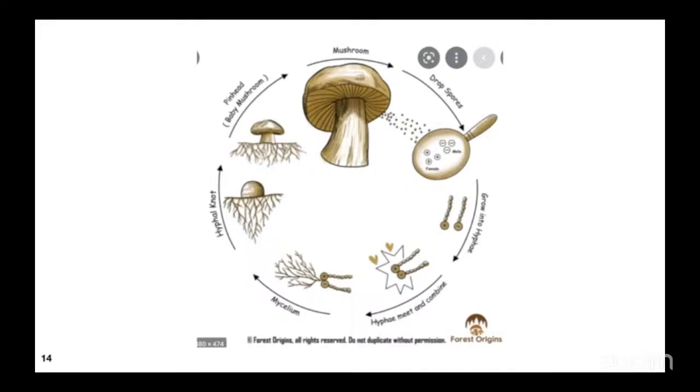Although fragmentation, that's pieces, fission, that's joining, and budding are methods of asexual reproduction in a number of fungi, the majority reproduce asexually by the formation of spores. Now, where this is very interesting is also looking under the microscope. When we see fungal spores, we can actually see the mycorrhizal fungal spores.